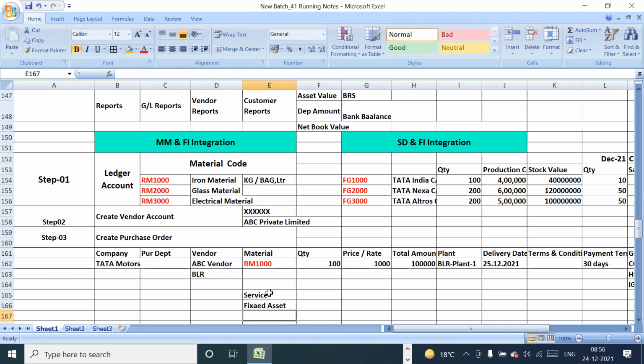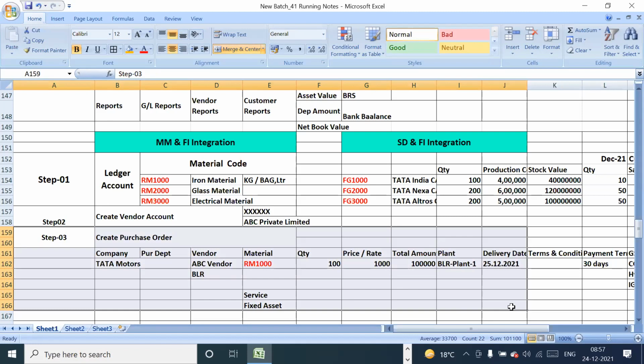We can raise the purchase order for material purchase, service purchase, or fixed asset purchase. So try to explore more in whatever point you tell. What are the key fields, key information you are going to specify? This is what interviewers expect when you go to an interview.